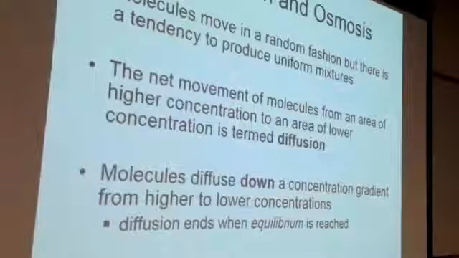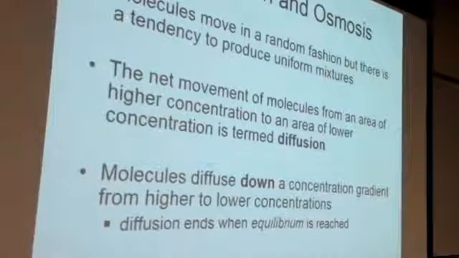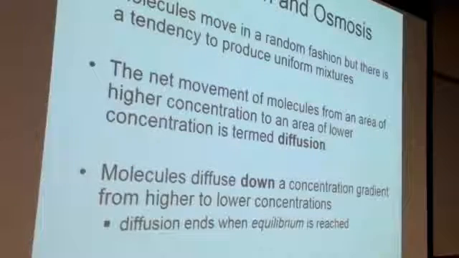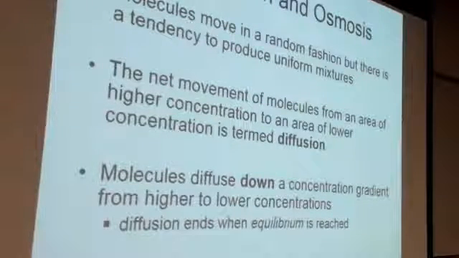So if that's the case, and still no energy is involved, we call that facilitated diffusion. With facilitated diffusion, it's still diffusion, so it's still passive, but there's a protein involved. It's for small polar substances.